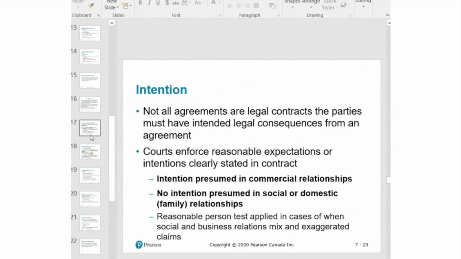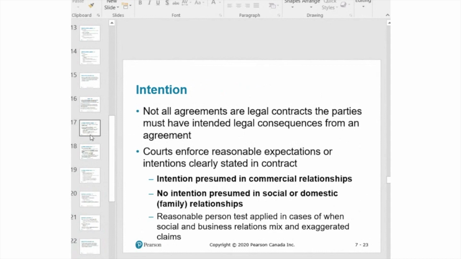What is this presumed intention? Well, it's presumed that you intended to pay for the coffee, and it's presumed that Tim Hortons intended to get the money for the coffee and deliver you the coffee. So no one would challenge this intention requirement in a business relationship.